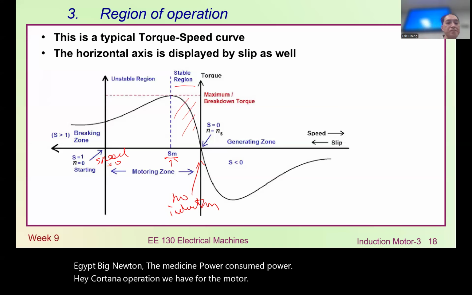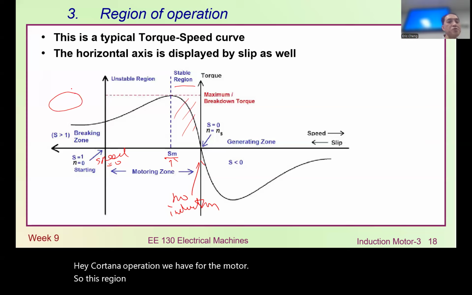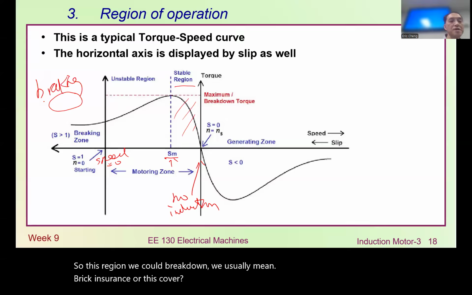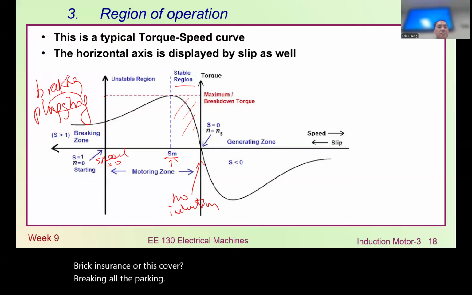So this region is called the breakdown. We usually mean the braking zone, or this kind of braking or the plugging. We also talk about the plugging mode in this motor.